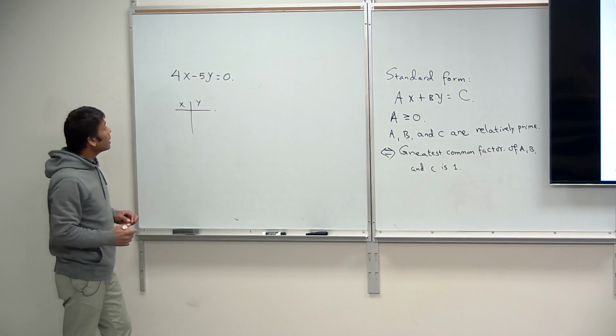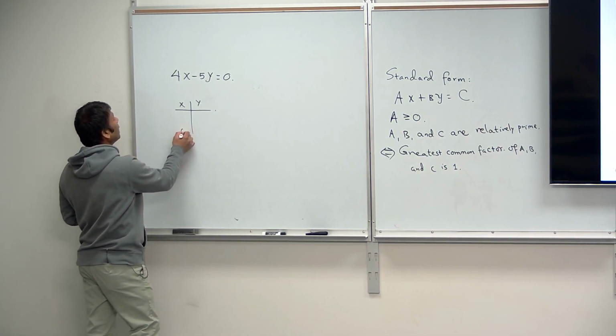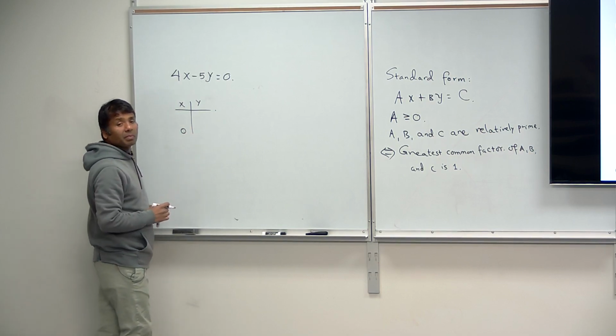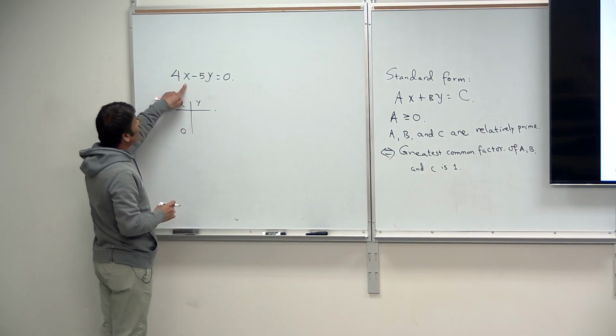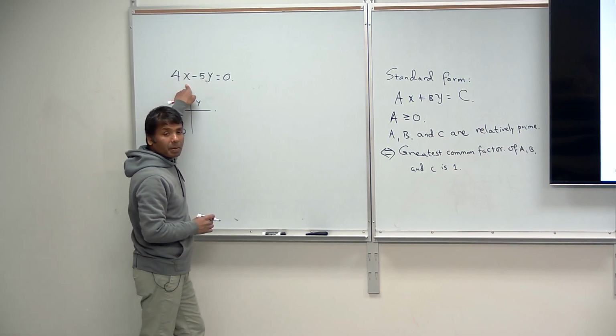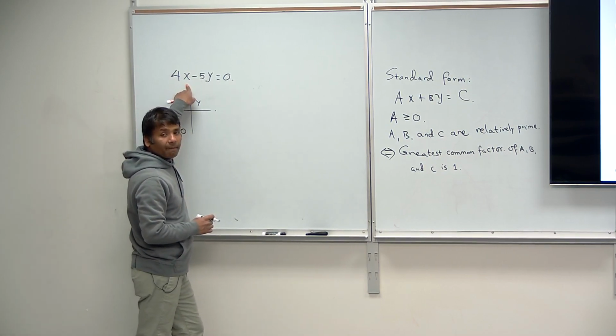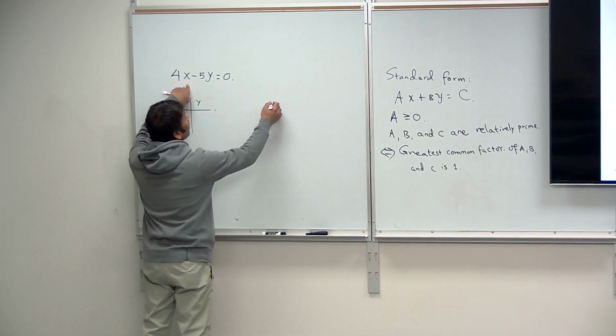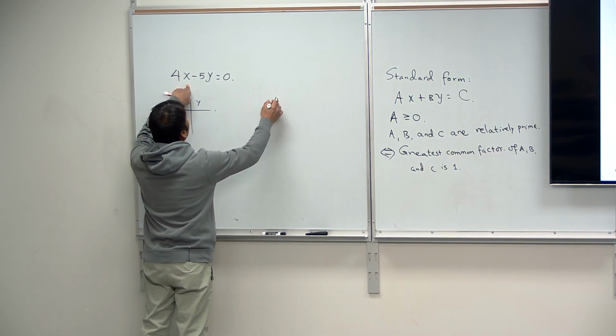If I plug in x equal to 0, what will be the value of y? The undefined one, because you divide 0 by -5. So you have 4 times 0, is that right?